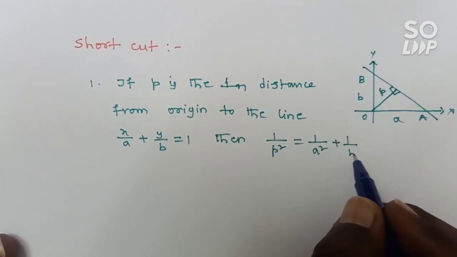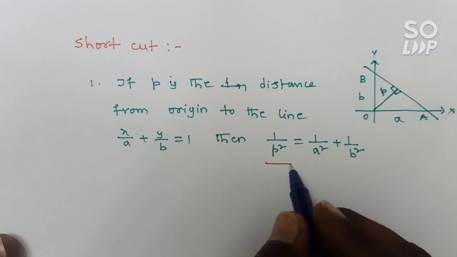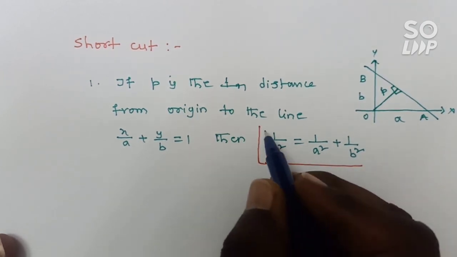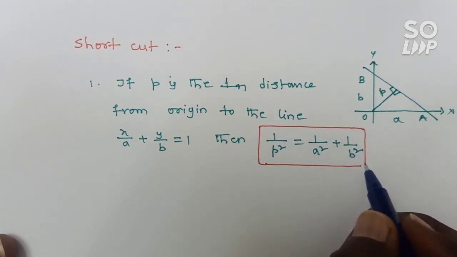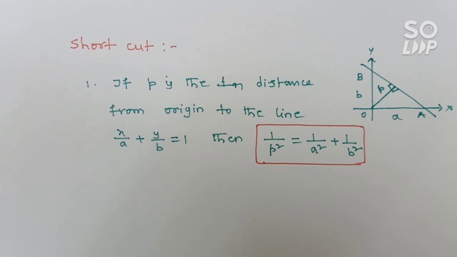So this is a very important result. Please all of you remember this one. What is the relation between the intercepts a comma b and the perpendicular distance small p? 1 by p square equals 1 by a square plus 1 by b square. This is one of the important formulas.